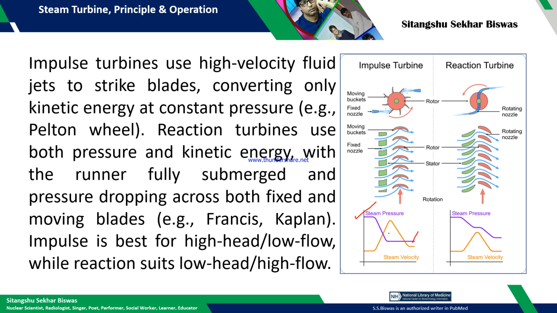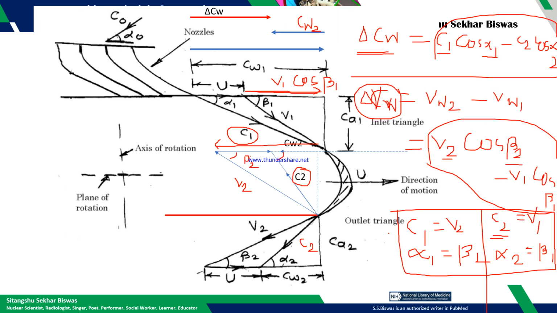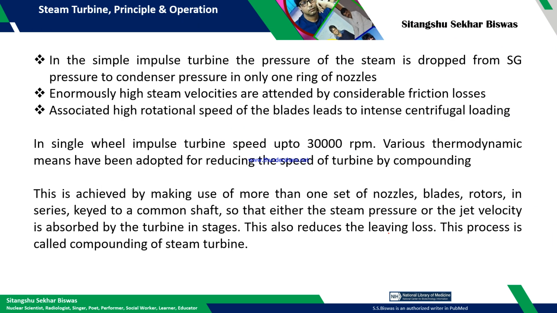So there is a huge pressure drop, and once there is a pressure drop, that is definitely increasing the velocity. Okay, and this high velocity is causing higher friction loss.